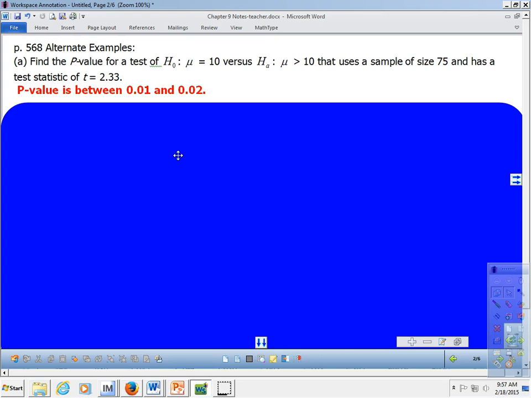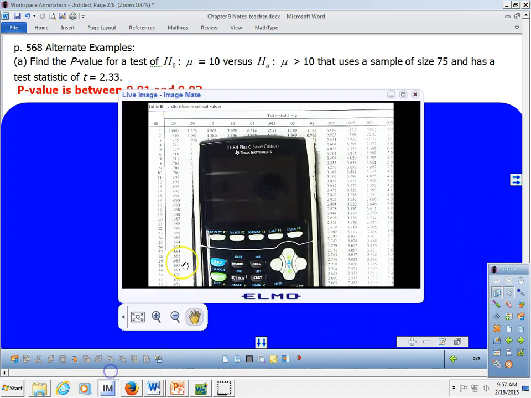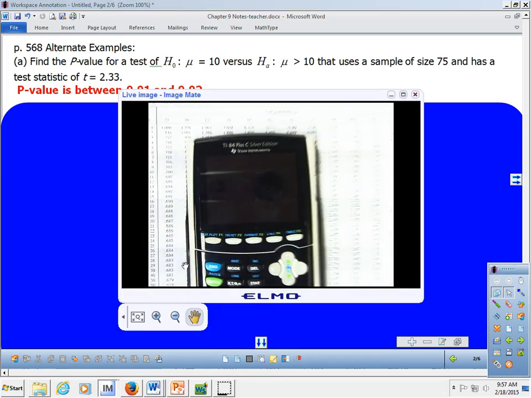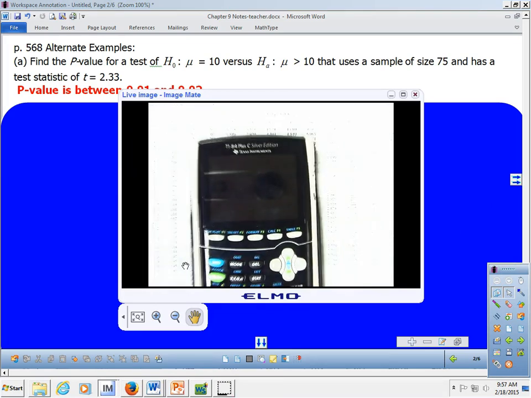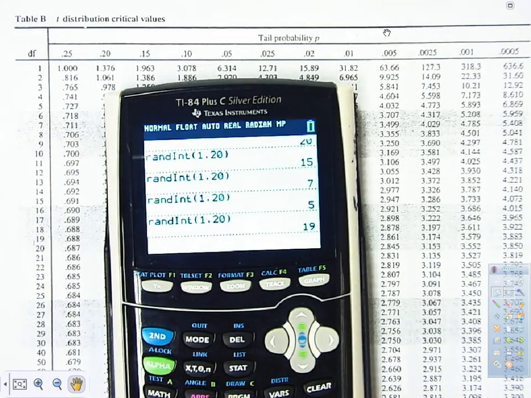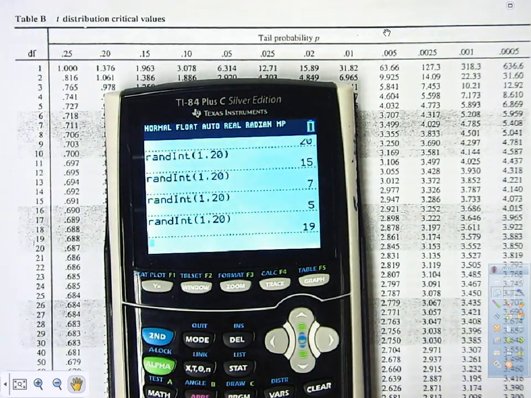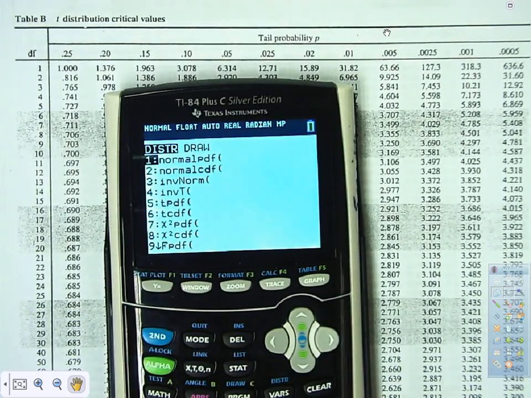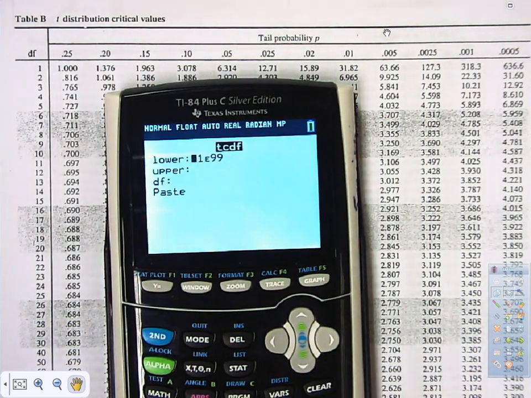Now, using the calculator, okay, we can actually be a lot more specific. Right? We go into distribution, because the t is just a different distribution. We're going to use tcdf. It needs a lower bound and an upper bound.